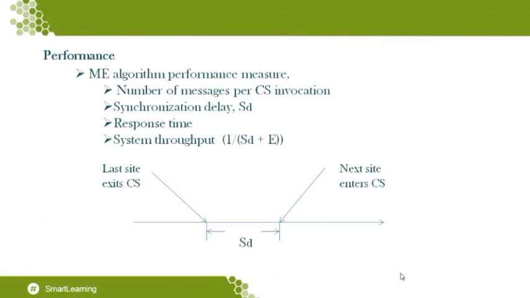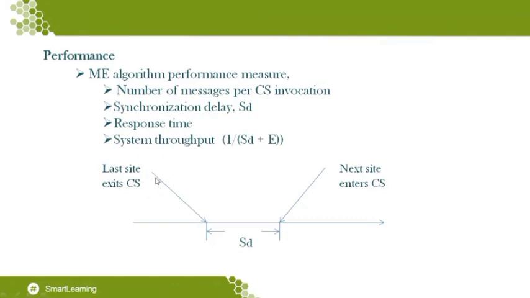So what is the synchronization delay? Here the delay is the time required after a site leaves the critical section and before the other site enters the critical section. This is just to show you what a synchronization delay is.